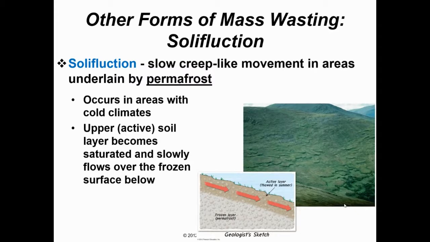And at the very top of the permafrost is soil that will briefly thaw during the short summer months. That's called the active layer. So the active layer will essentially move, or it can creep. The soil will creep on top of the frozen permafrost layer, so creep downhill, again, as a result of the freeze-thaw cycle.